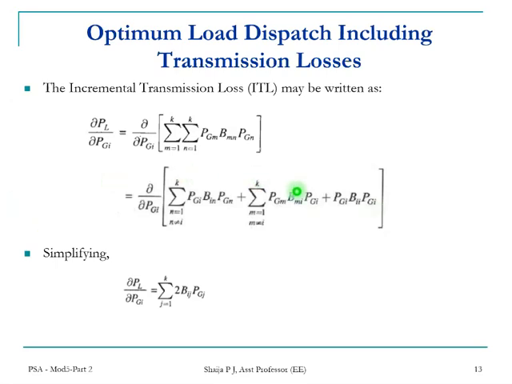On simplification, we can write ∂PL/∂PGi is equal to sigma j equal to 1 to K, 2 into Bij into PGj.